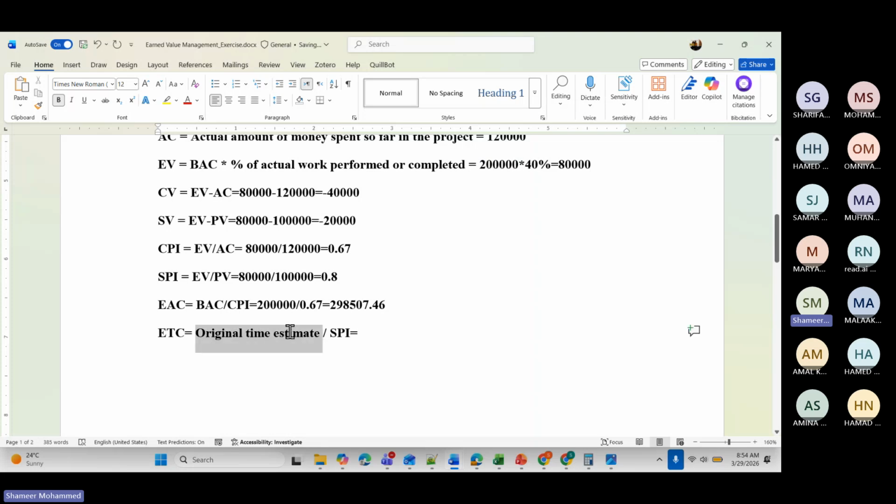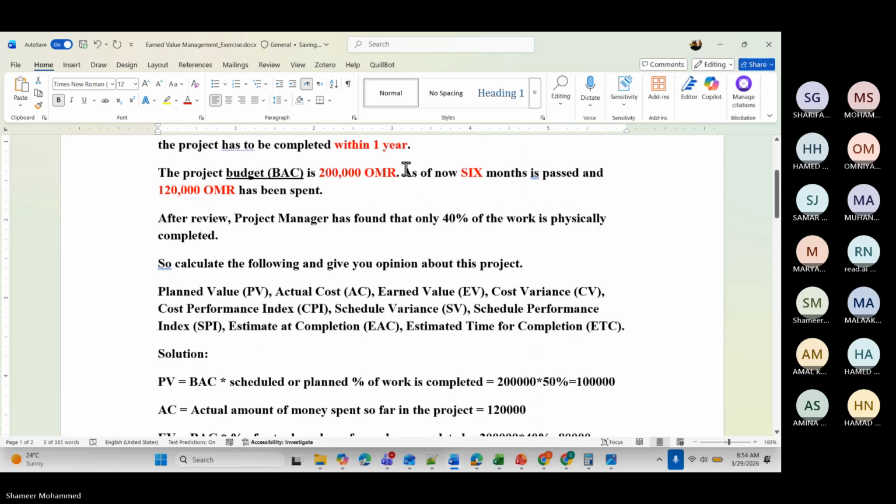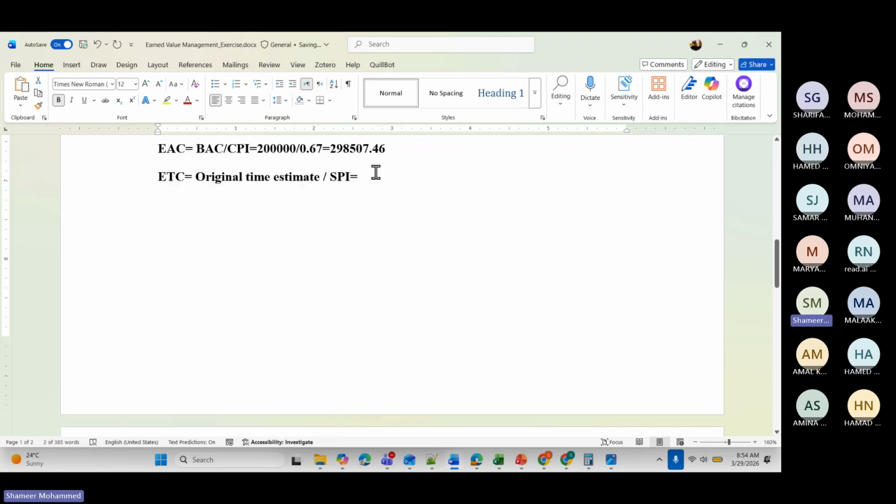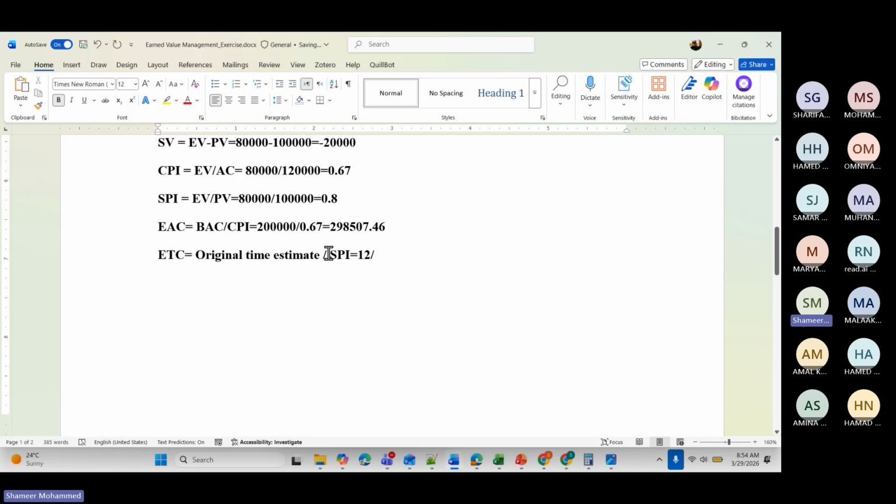What is the original time estimate? The project is for 1 year, meaning 12 months. Divide by the SPI value.